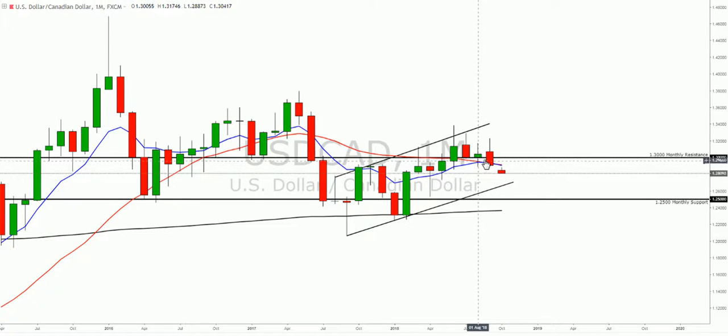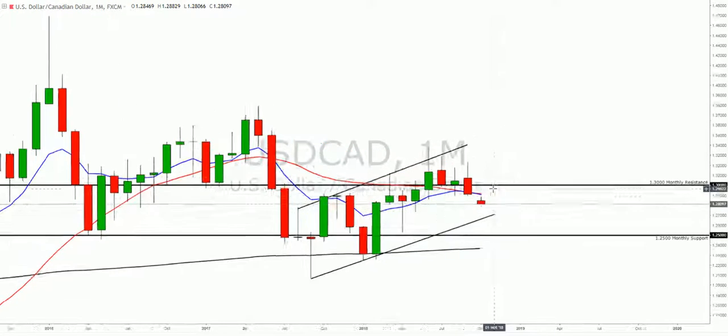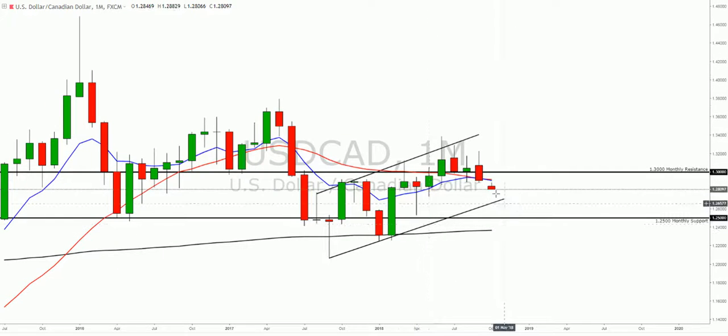The moving averages failed to cross over to the upside, so it looks like they could be taking a turn towards the downside. Following that, I was anticipating potentially tapping the monthly resistance once more before heading further downside, but now we are just looking very bearish.